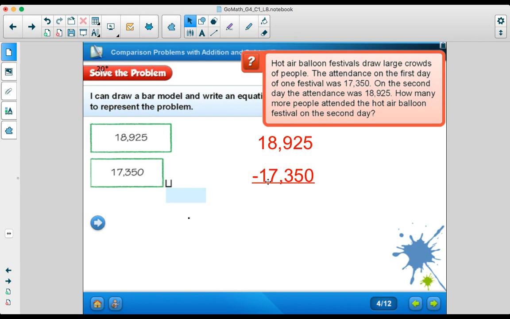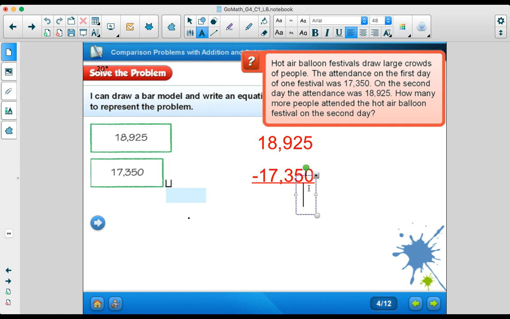Let's subtract these numbers. 5 minus 0 is 5. 2 minus 5 we can't do.